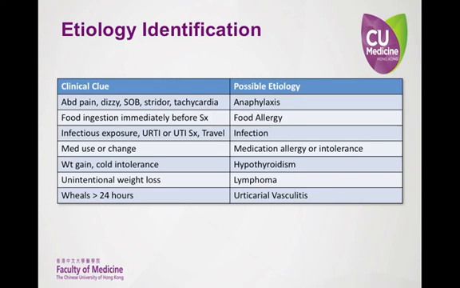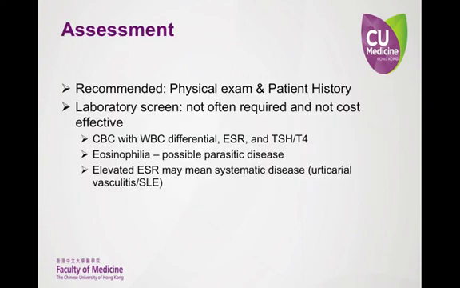Most food allergy reactions happen within 30 minutes of ingestion, so it would be food eaten very recently, not just within the past few days. Assessment for urticaria mainly revolves around physical examination and obtaining a detailed and accurate patient history. Labs are not routinely ordered and are not cost-effective.